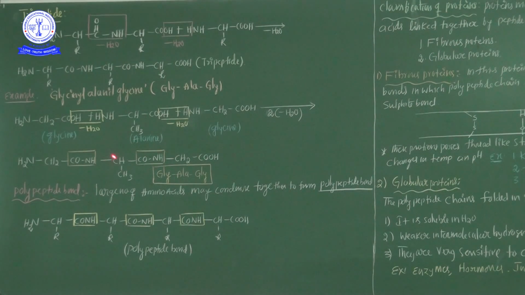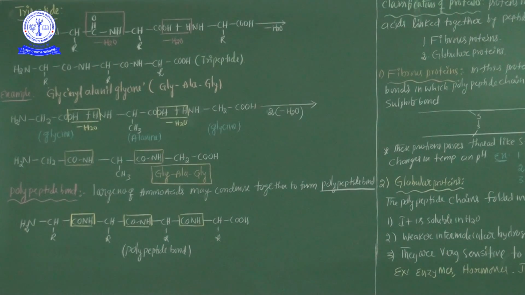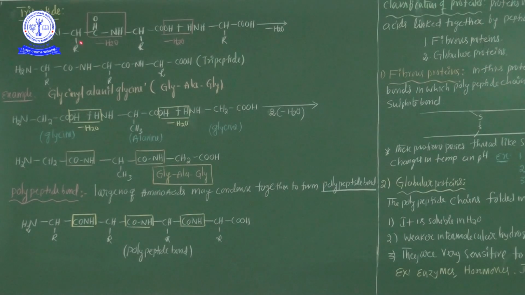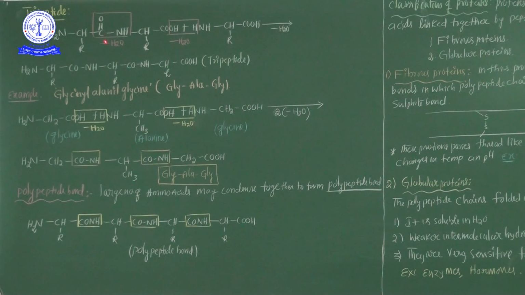Okay, my dear students, now the tripeptide bonds. Tripeptide is nothing but three amino acids condensed to each other, hence forming two different CONH bonds. For example, see here, this is one peptide bond, this is another peptide bond.